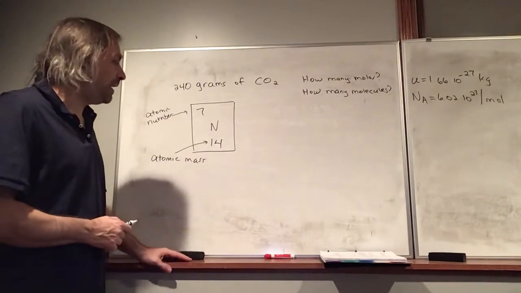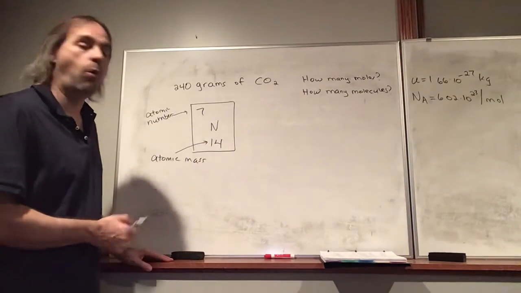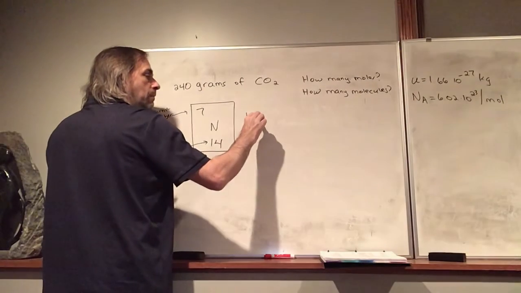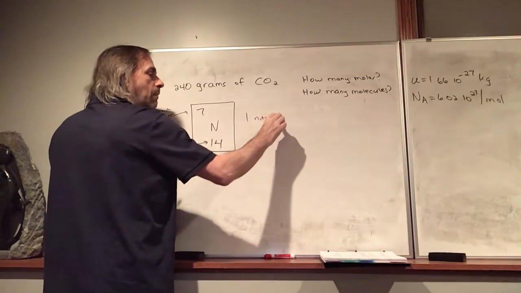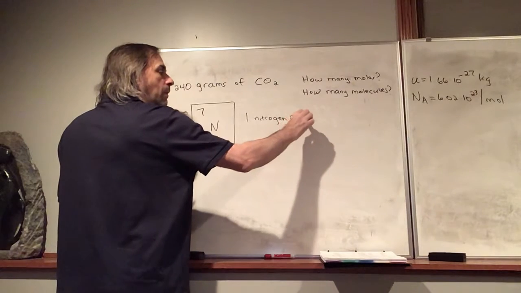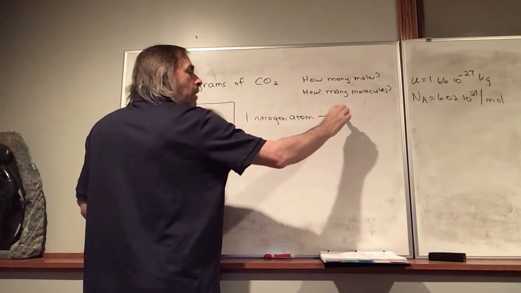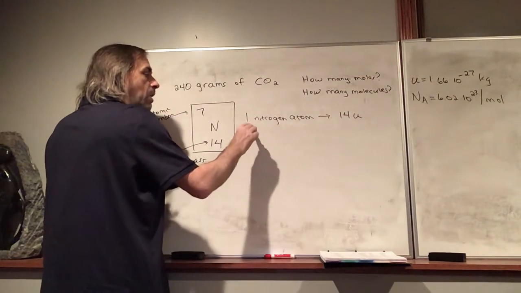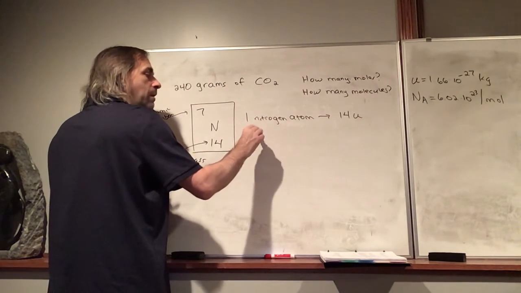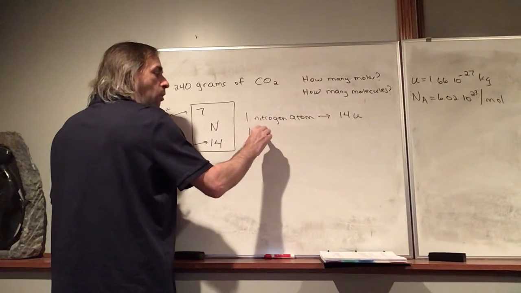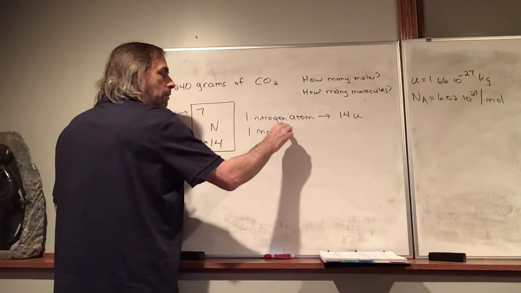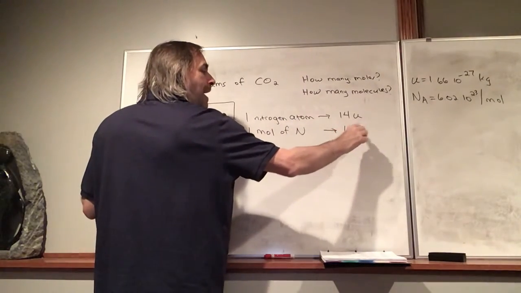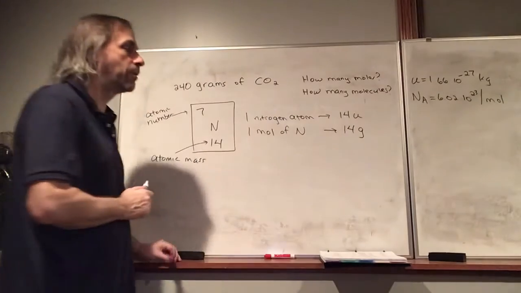For nitrogen, it has an atomic mass of 14. So we can say one nitrogen atom has a mass of 14 atomic mass units. Or we can say one mole of nitrogen has a mass of 14 grams.